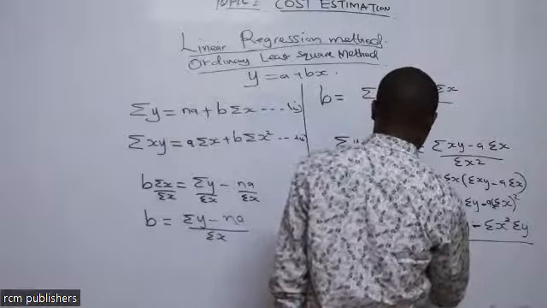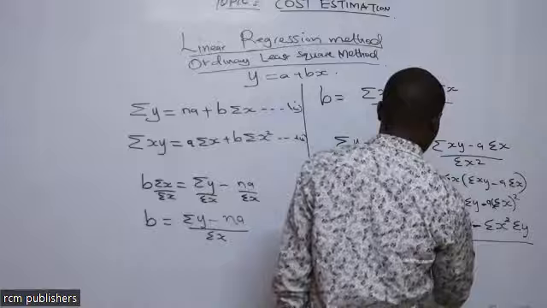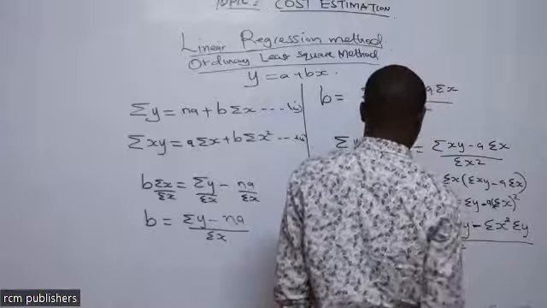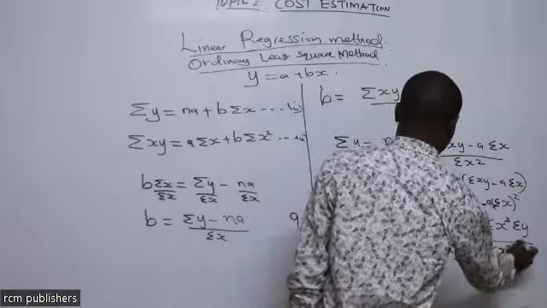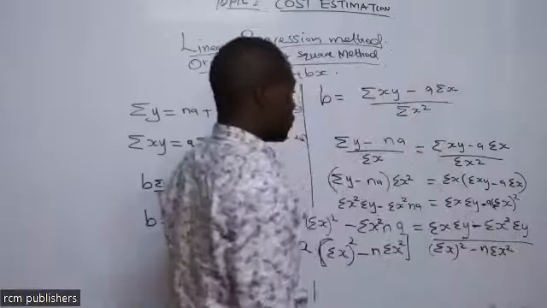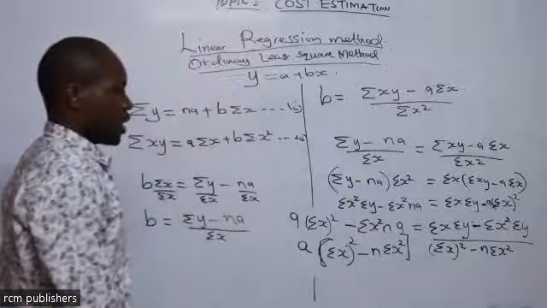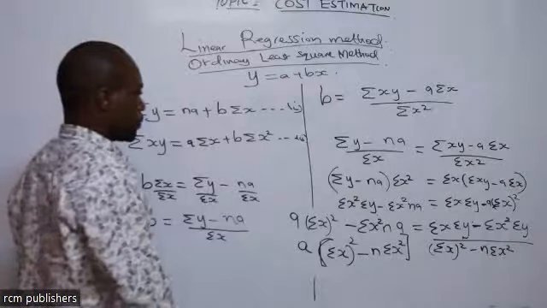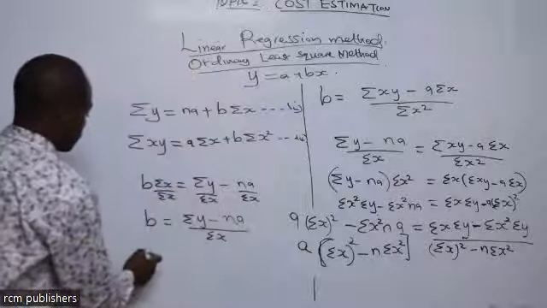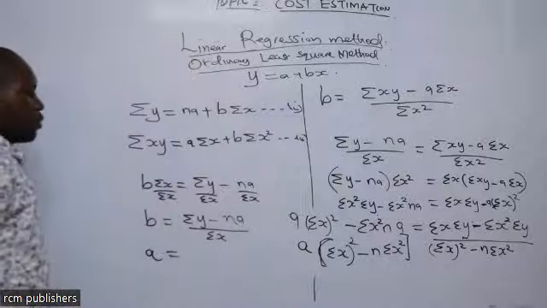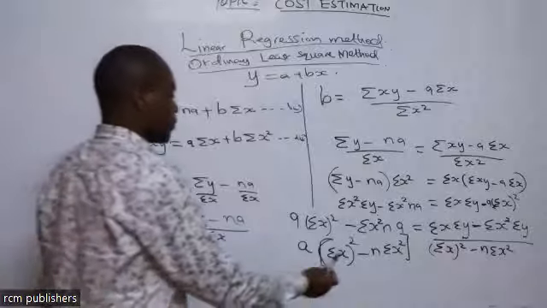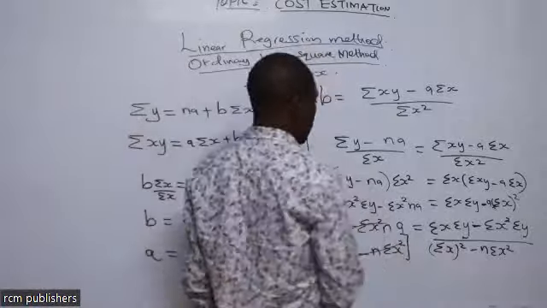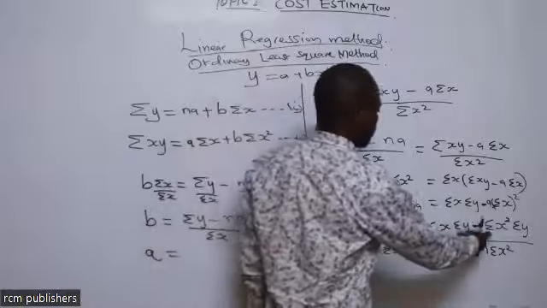So summation of X squared minus n summation of X squared. So that is what we have there. What is the value of A? So we now have this taken away. We now look for the items that will cancel out.